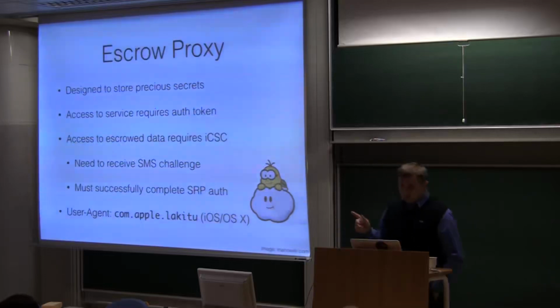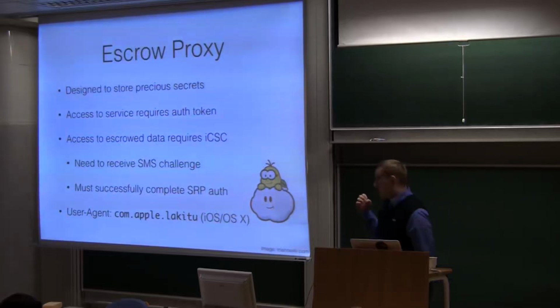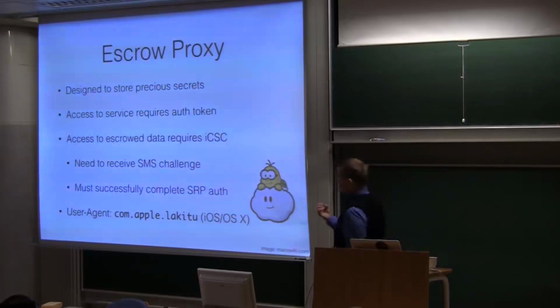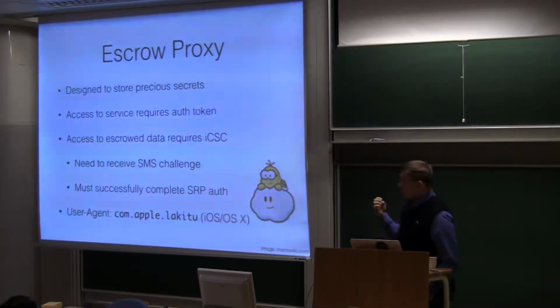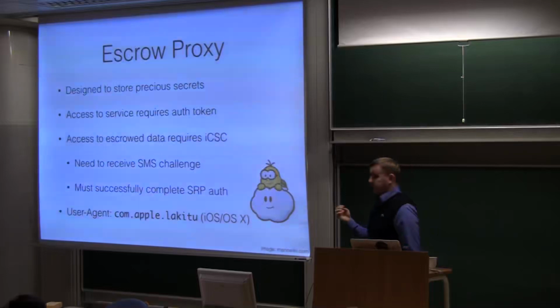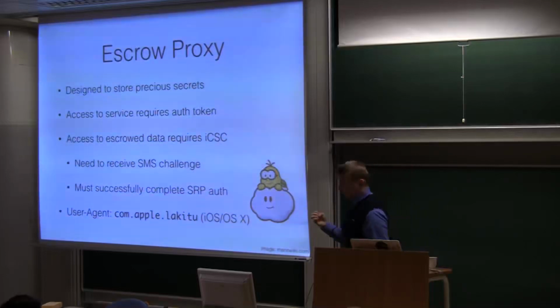You need the same token to access the service, but to actually read data that was sent to the service, you need an additional level of authentication. You need to receive an SMS challenge, and you need to complete a secure remote password authentication, SRP authentication.